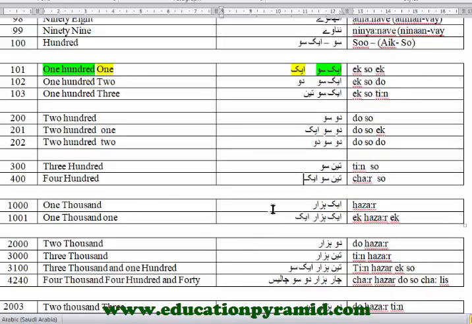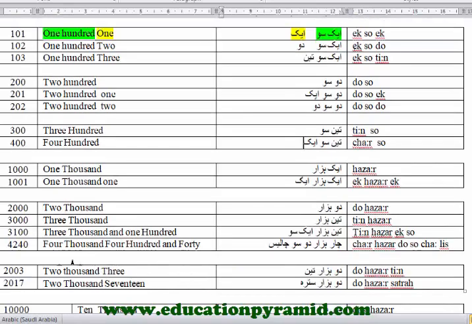For 1000, we use the word 1000. For 1001, 1002, 1003, 1100, 1200, and so on. For 2000, 3000, 3100, 4240.